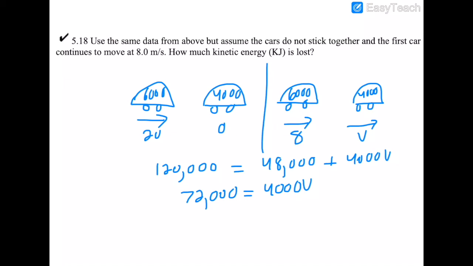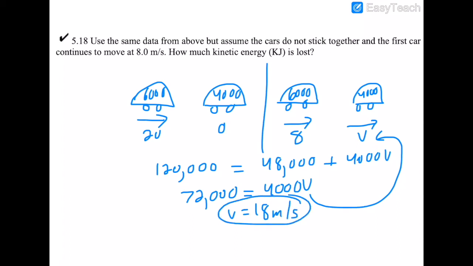The velocity of this car right over here should be 18 meters per second. That's like the second problem we just did a little while ago. So the velocity of this car is 18 meters per second.